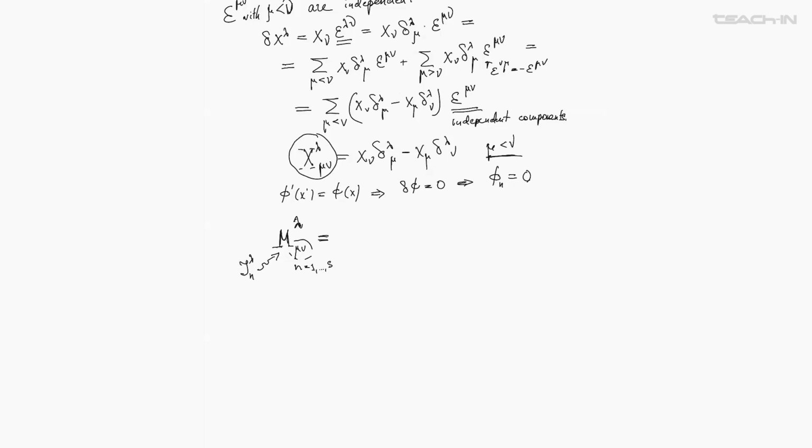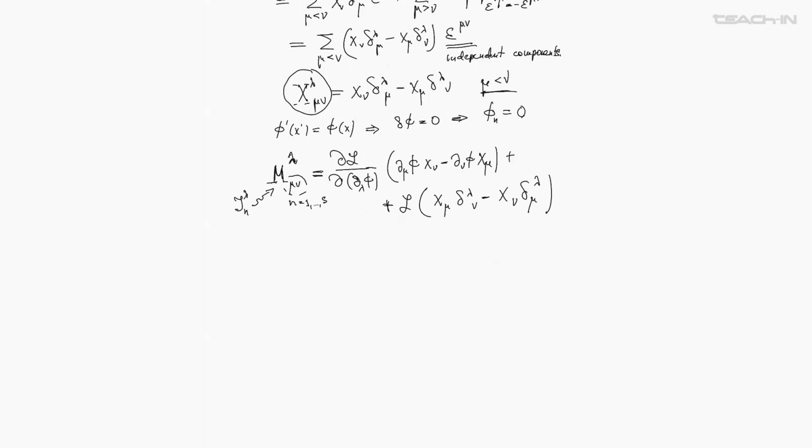Derivative of the Lagrangian with respect to derivative of the field, ∂_μφ x_ν minus ∂_νφ x_μ, plus Lagrangian multiplied by the response, x_μ δ^λ_ν minus x_ν δ^λ_μ. The conservation law will read now in this way: ∂_λ M^λ_μν is equal to 0 for any μ less than ν.